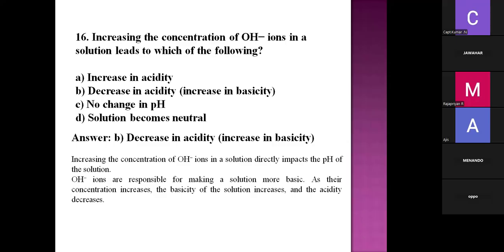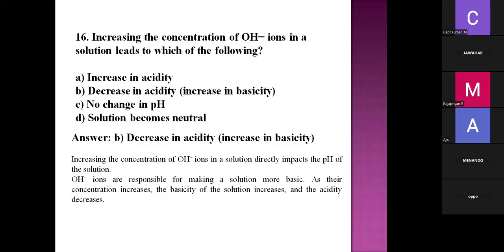Increase in acidity would imply a higher concentration of H plus ions in the solution and a lower pH value, less than 7. This is the opposite of the given scenario, where OH minus ion concentration increases. No change in pH, that is incorrect. No change in pH would imply that the concentration of both H plus and OH minus ions remains constant, which is not the case when OH minus ions are being increased.